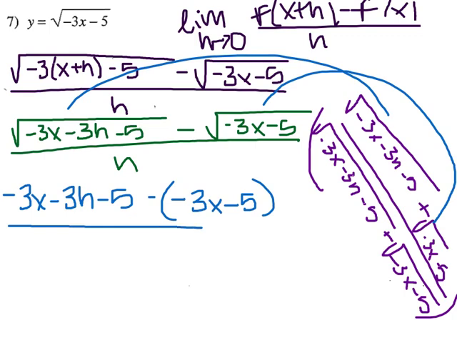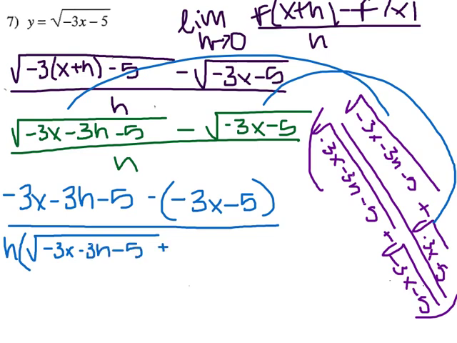And that will be over h times the square root of negative 3x minus 3h minus 5 plus the square root of negative 3x minus 5. I'm going to run out of room on this slide, I already know. So let's just keep on working.